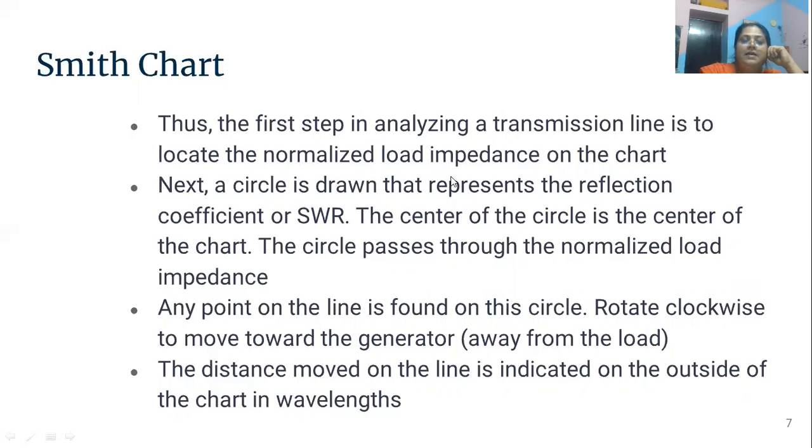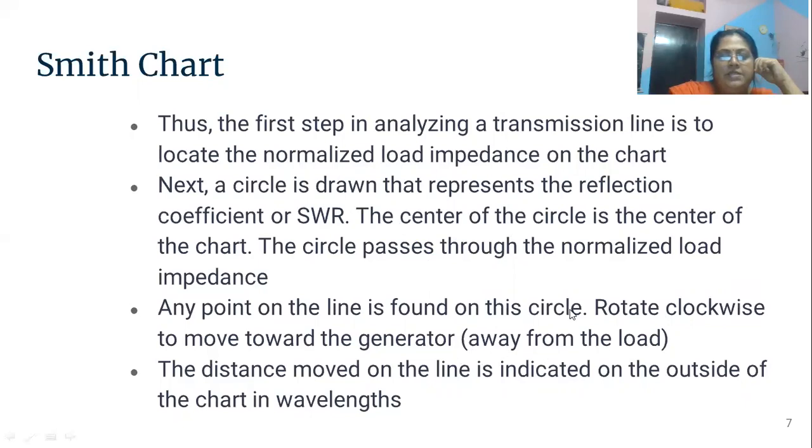Next, a circle is drawn that represents the reflection coefficient, or SWR. The center of the circle is the center of the chart, and the circle passes through the normalized load impedance. Any point on the line is found on this circle.